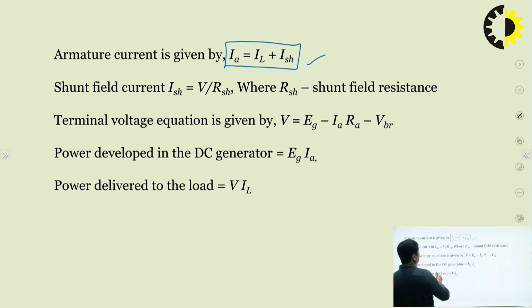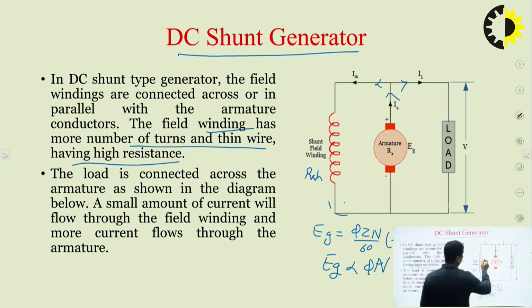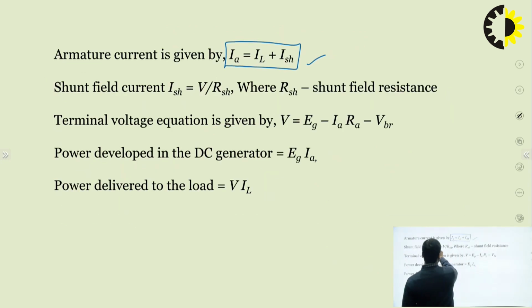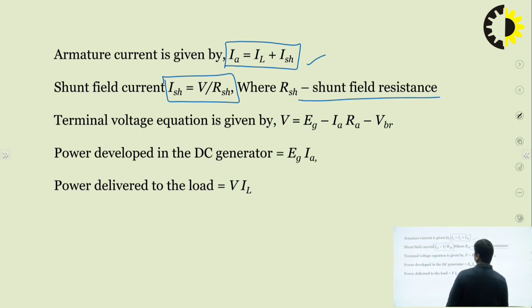And the shunt field current ISH will be given by V upon RSH, where RSH is the shunt field resistance.